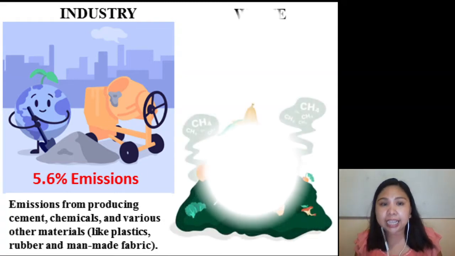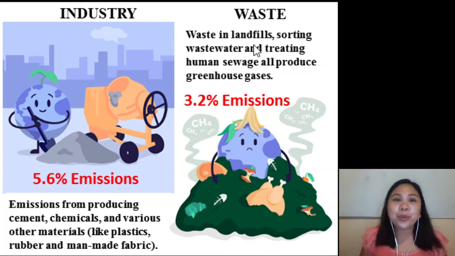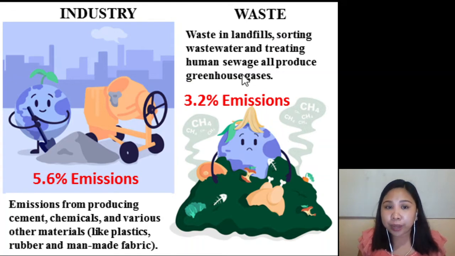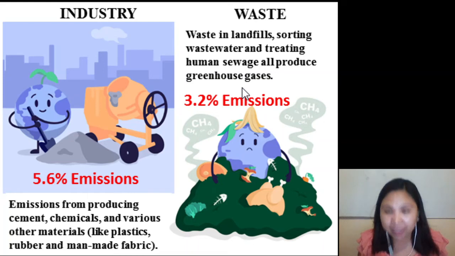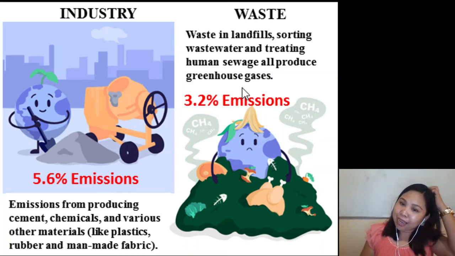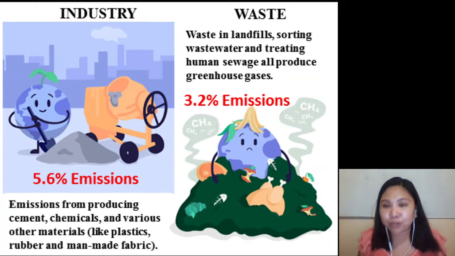And lastly, we have waste. When waste has been sitting for a long time, waste in landfills, wastewater, and the treatment of human sewage all produce greenhouse gases, mostly methane. So, what comes from waste releases methane. Okay, that is 3.2% of emissions.